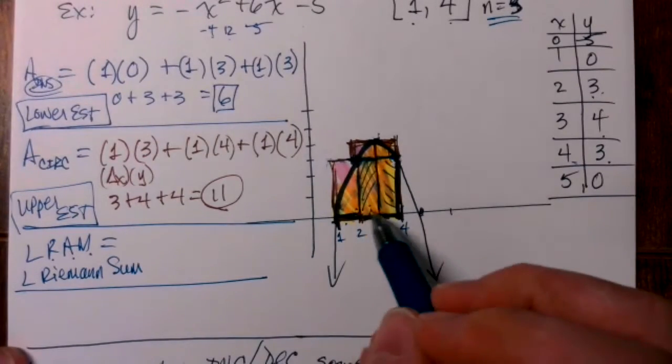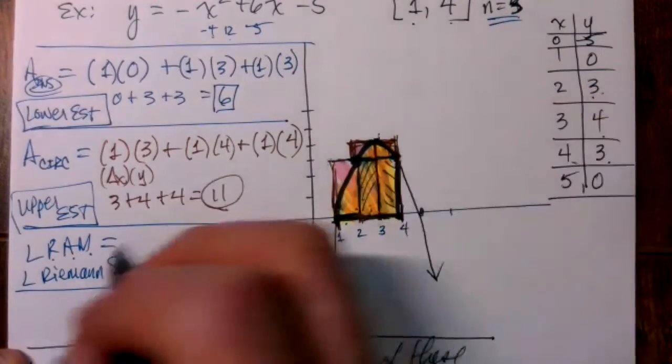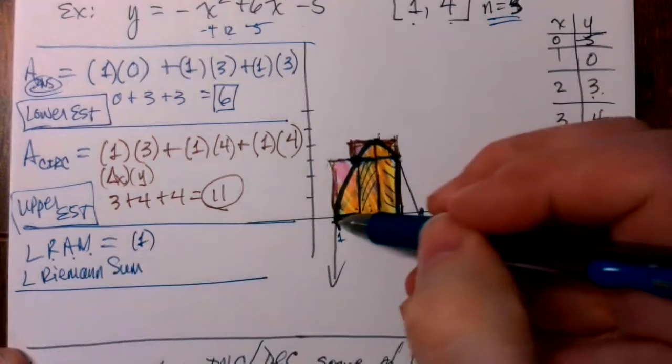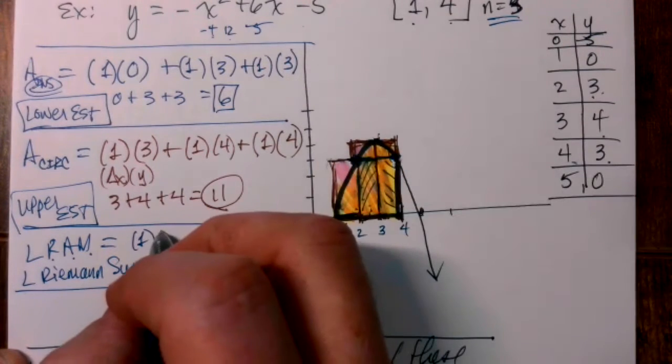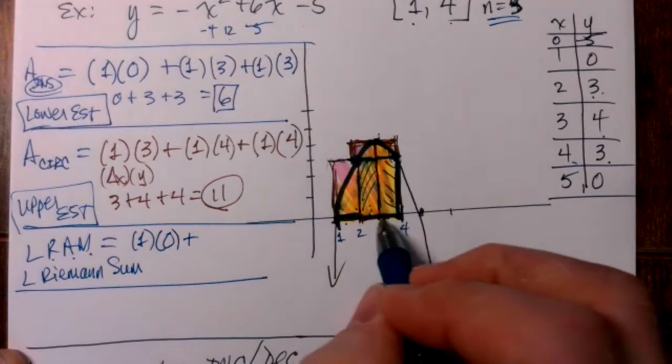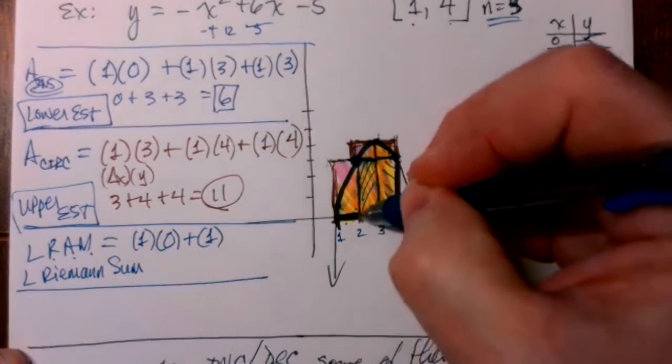So it's going to look like a blend of the two we just did, but it's always going to be from the left. So I go to the left side, I go from 1 to 2, that width is still 1. I go to the left side of it, and it doesn't go up at all, it goes to 0. Plus, from 2 to 3, the width is 1. So now I'm going to stay on the left side.